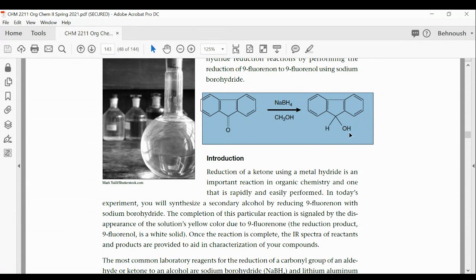If the melting point of the product is lower than the literature value and the melting range is broad, that means the compound is not pure. But if you have a melting point that is close to the literature value for the product, then that identifies that you have the product.